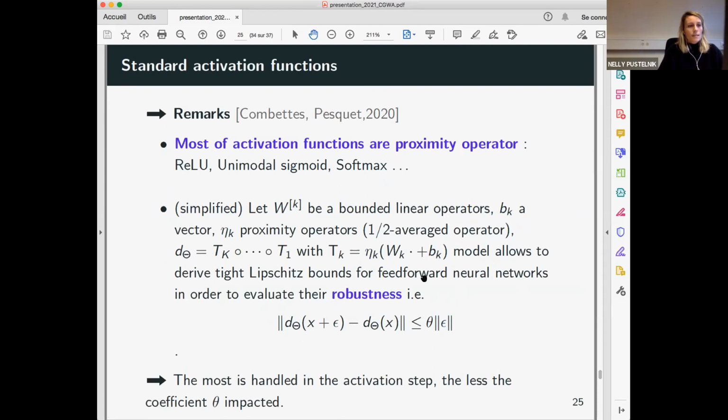So if you are able to say that your network eta k is a proximal operator, then you have this kind of guarantees.